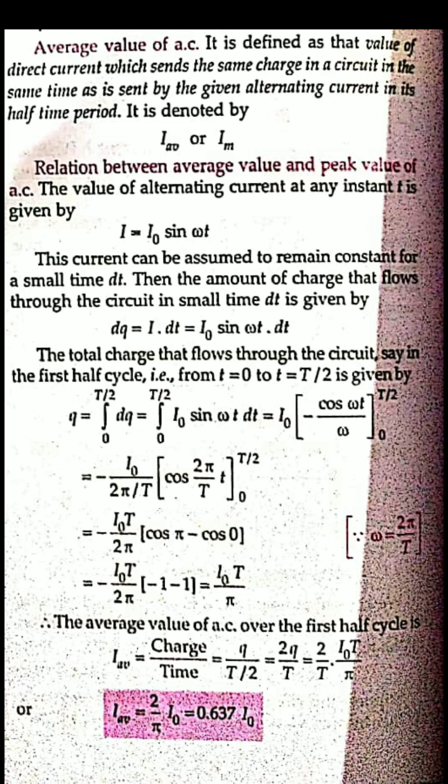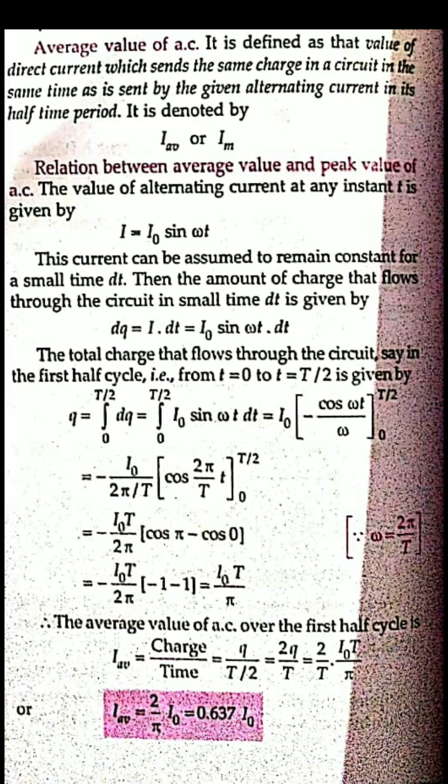Now after integration we get the value I0 into T by 2 pi. You just do this in your copy at home. Write this equation, write this integration, then integrate it, and you get the value Q equals I0 into T by pi. So this is the value of Q, that means we get the value of charge.